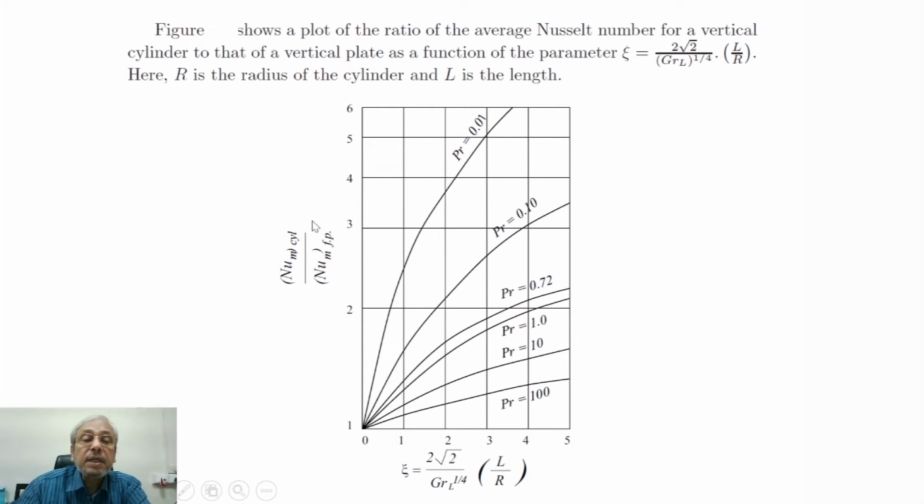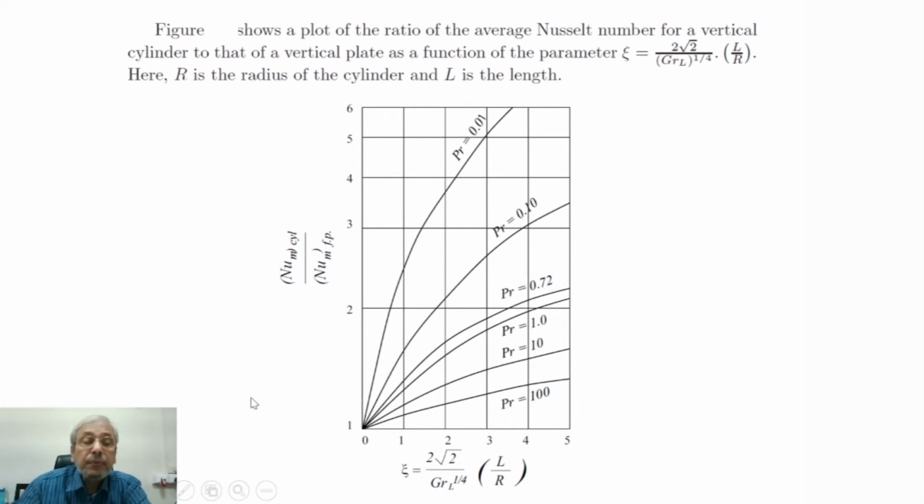This is the average Nusselt number for a cylinder divided by the average Nusselt number for a flat plate, and this is a parameter zeta, which is given by 2 into root 2 divided by the Grashof number based on the length of the cylinder to the power 1 by 4, into L by R, where R is the radius of the cylinder and L is the length. L is the length of the plate as well.